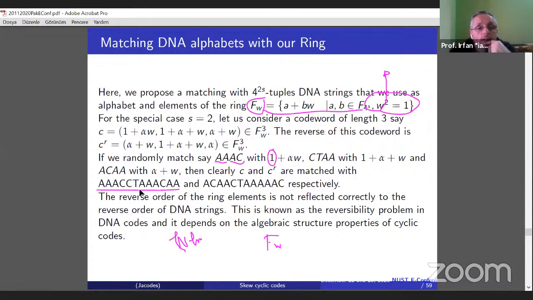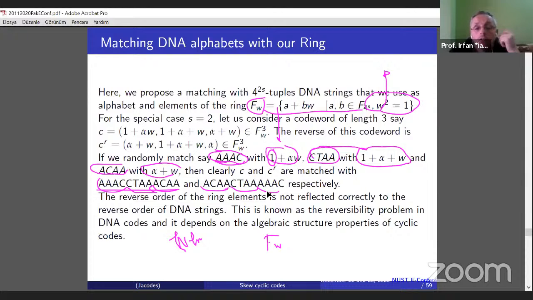Here is an example. If you pick randomly, say 3A and 1C, and match it with a ring element from this particular ring, then its inverse will be CTAA. Basically, it's not going to correspond to this element. We have two matchings, and another one, so three matchings. Then if you combine them, 4 here, 4 here, and 4 here, and the respective ones, 4, 4, and 4.